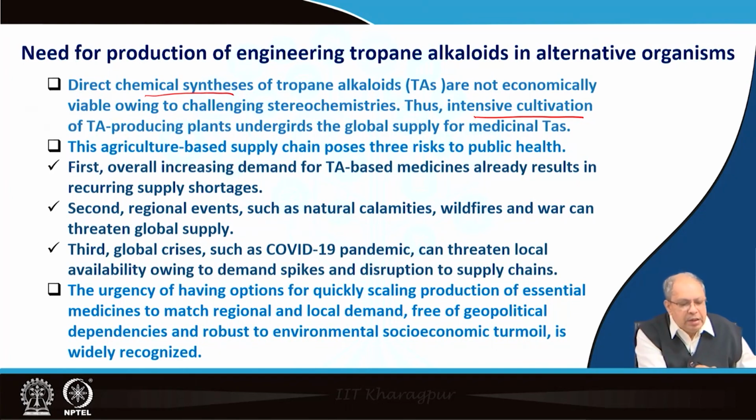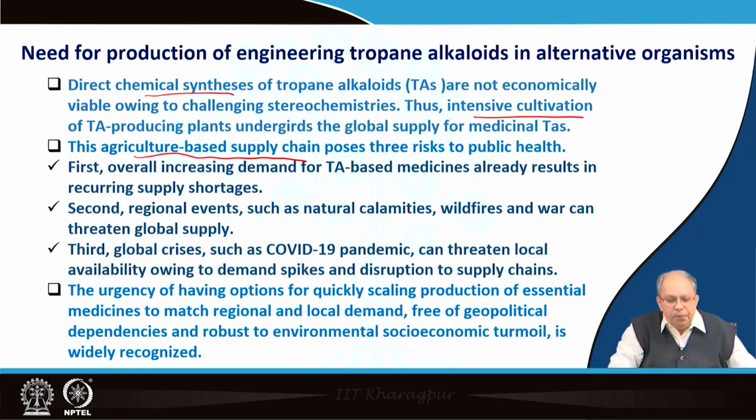Now, the point is this agriculture based supply sometimes poses risk to public health. Why? Because the overall increasing demand for tropane alkaloid based medicines has already resulted in recurring supply shortages. Sometimes demands are so high that they cannot be fulfilled by the supply of wild plants from nature, and that is a problem.